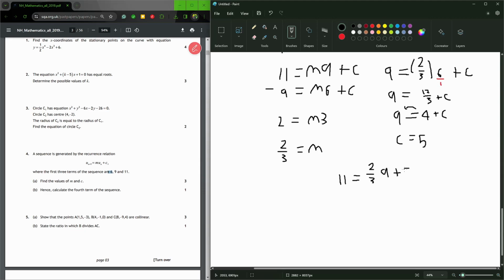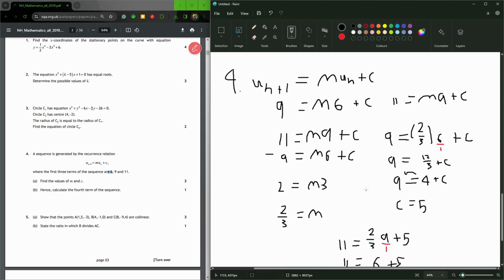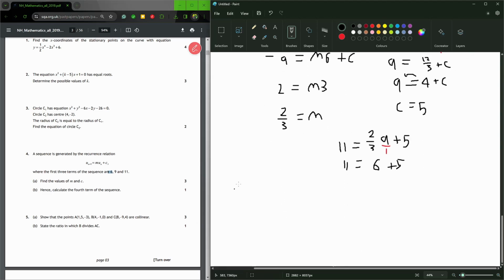Does this work? 2/3 times 9, remember you can pretend that 9 has a 1 underneath, so that's 18 divided by 3, which is 6. You can also divide 9 by 3 and times it by 2, which is 6. And then 6 plus 5 is 11. So we're guaranteed to have the correct ones, and looking at the marking scheme, we have. So that's 3 easy marks right there.